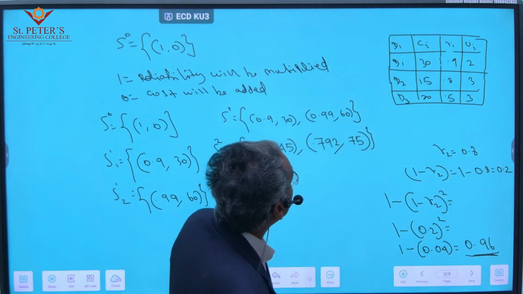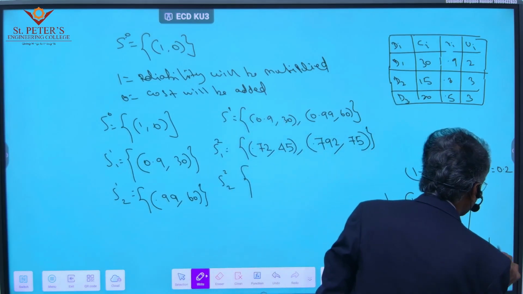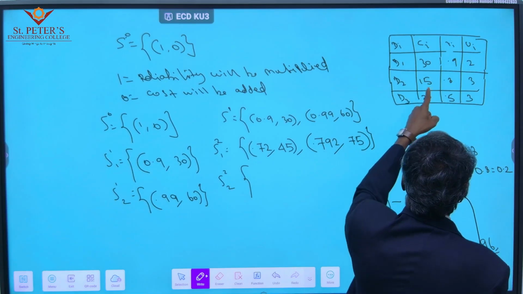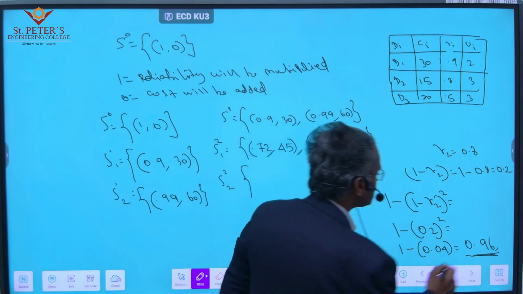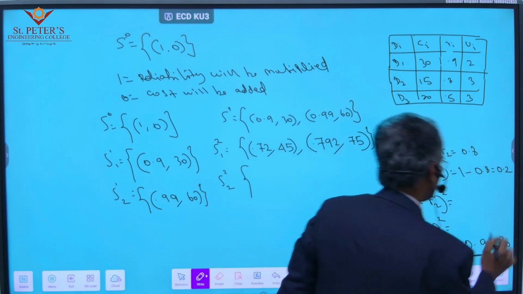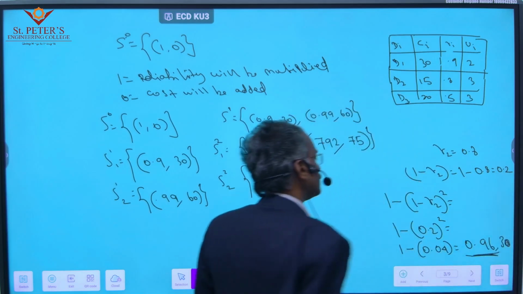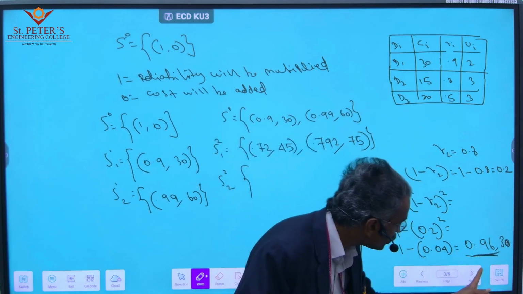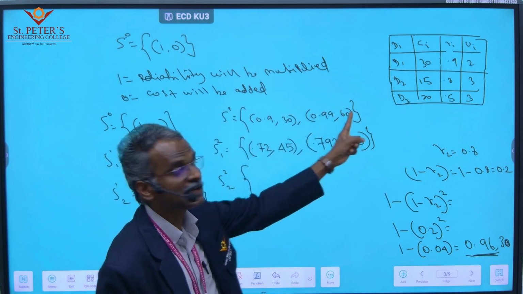The reliability ratio for the second device, second copy is 0.96. What is the cost? For one device, 15. For two devices, 30. It is not 36, it is 30. This reliability ratio and this cost has to be multiplied and added again with the first set.